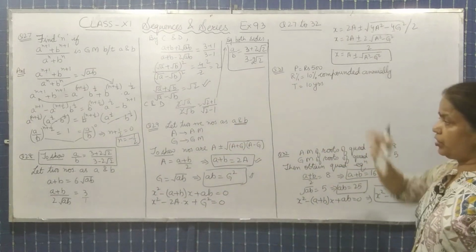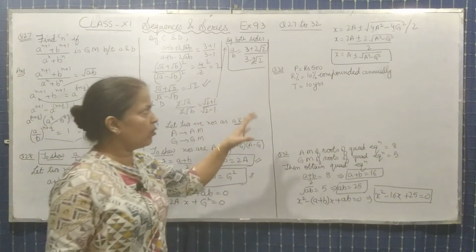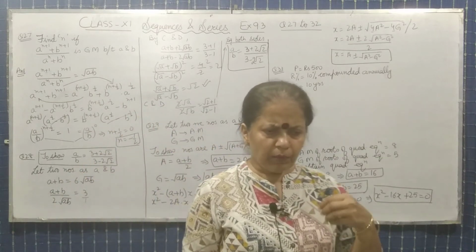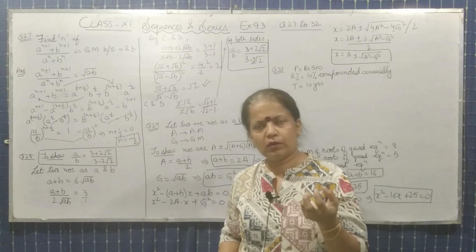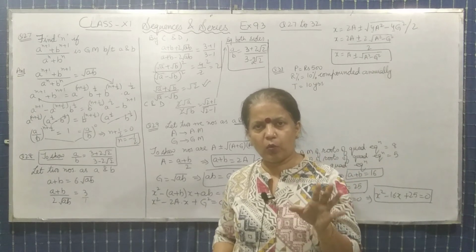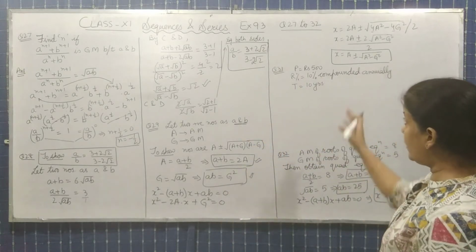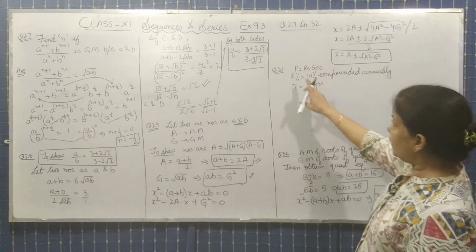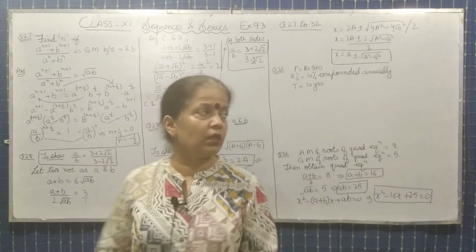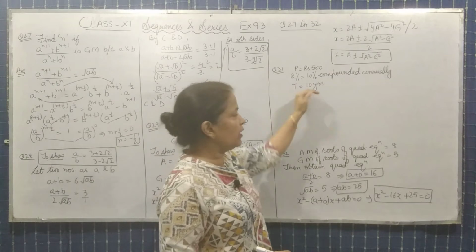Now, question 31. In question 31, they are talking about the compounded annually concept. We did the amount formula in the junior classes: A equals P (1 plus R upon 100) power n. That concept we will use. Here it is given principal is 500, rate is 10% compounded annually and time is 10 years.